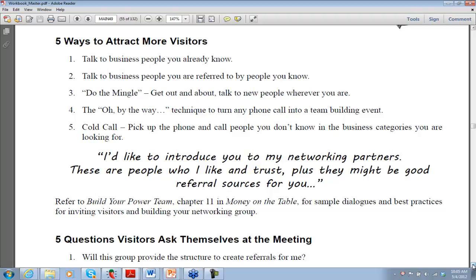So if you do invite people you already know that you're friendly with or family members, be clear with them that this is a business group and people are going to hold you accountable. And I love you and our relationship is number 1. So there is a chance that if you're not performing, your category might get open because I'm part of a very serious group. So be careful on inviting friends or family, but definitely talk to people you know and give them a clear expectation of what will be expected of them.